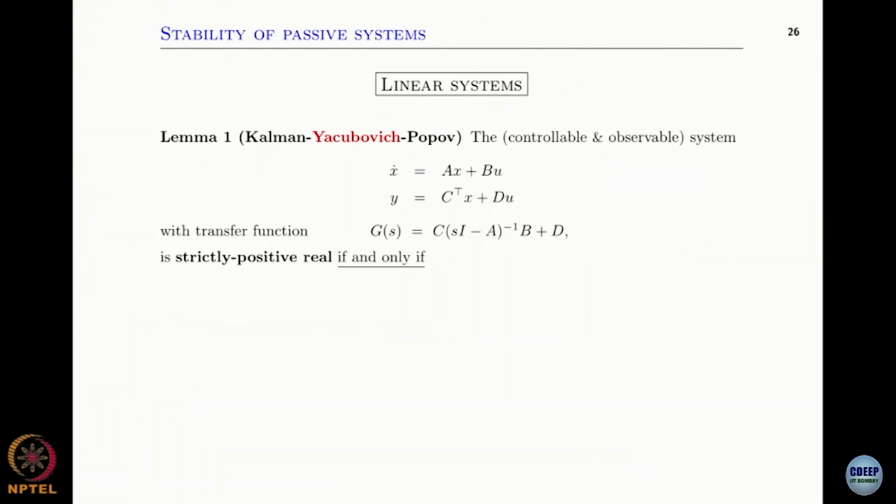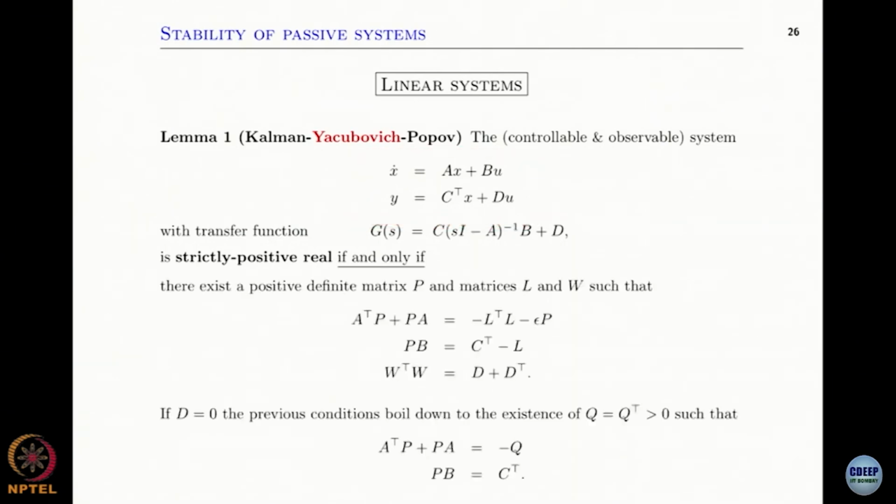And it says that a system is strictly positive real if and only if, so a linear system like that, if and only if there exist a matrix P, matrices L and W, such that all these equalities hold.